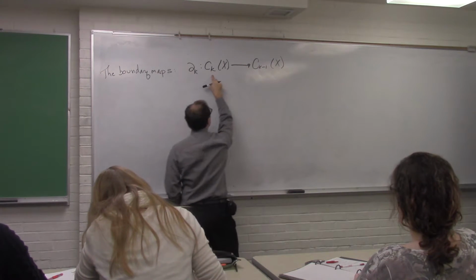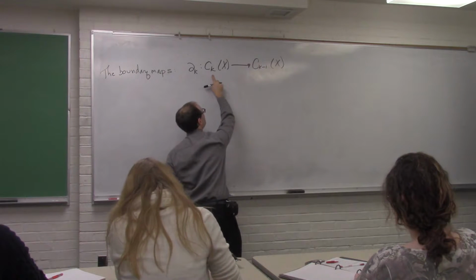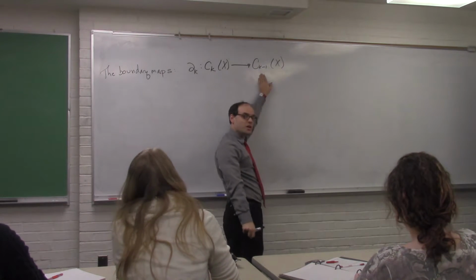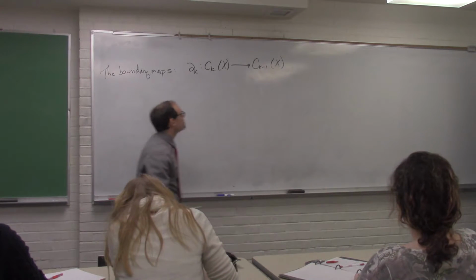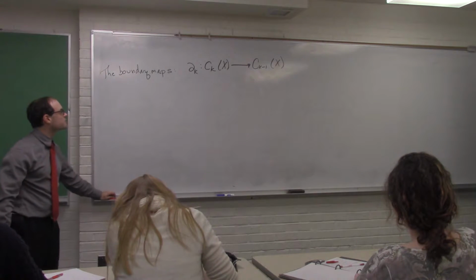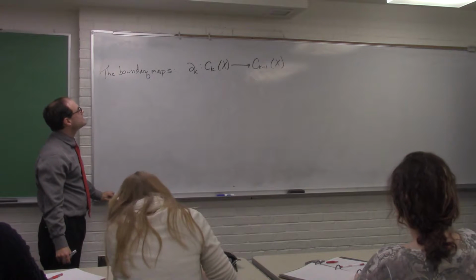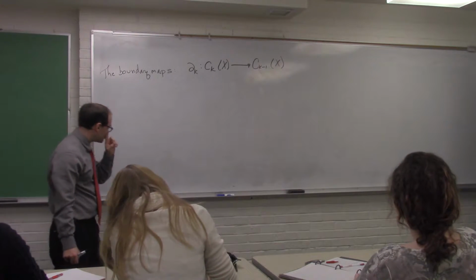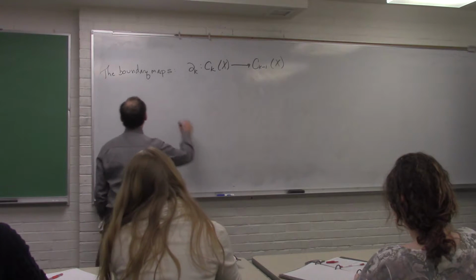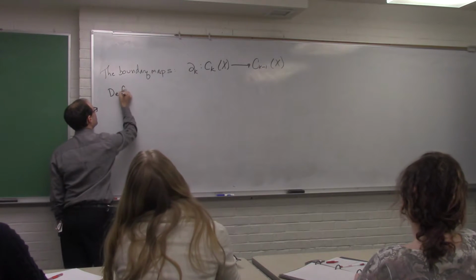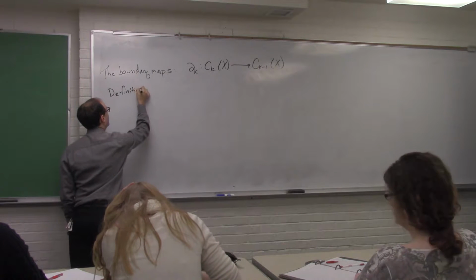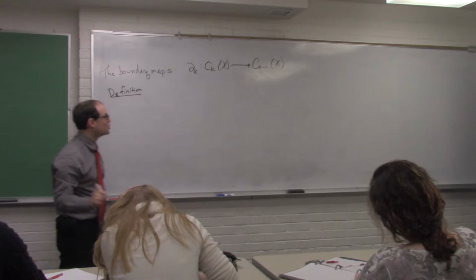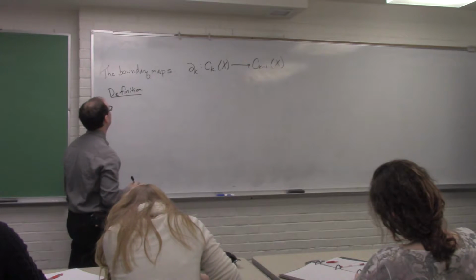It's going to go from the K chain space, the chain space built at the K dimensional simplices, to the K minus 1 chain space, spanned by all the K minus 1 dimensional simplices. And it's got to be a linear map, and it's going to do something boundary-like. And as advertised, let me give you the definition as a formula, and then show you in pictures what it does.